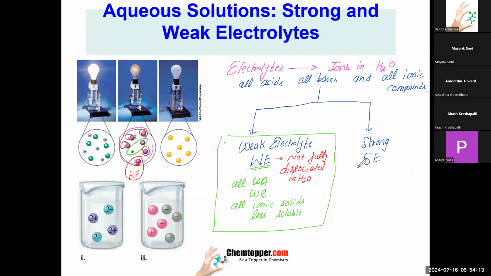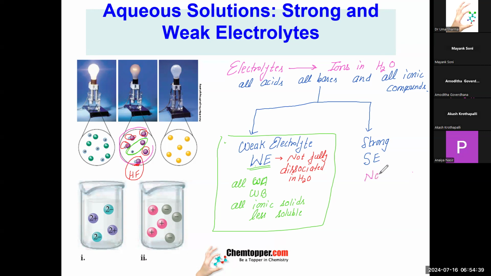Now let's see what strong electrolytes are. You have the solubility rules. Can you tell me, from rule number 1 of the solubility rules, is NaCl a completely soluble compound in water? Yes, it's a strong electrolyte.